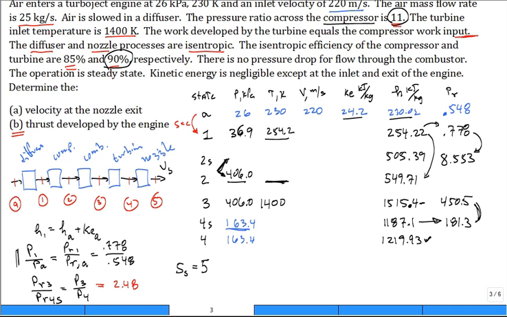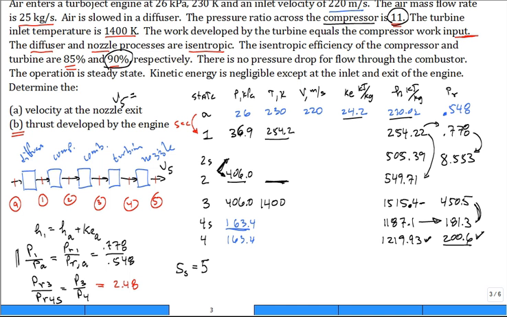That's what we're interested in, the exit speed, what we're trying to solve for. Now you get the PR at 4, which is 200.6, because you're now isentropically expanding from 4 axially to 5 through that nozzle. So that's key right there.